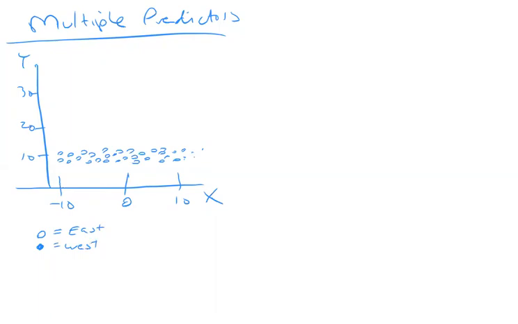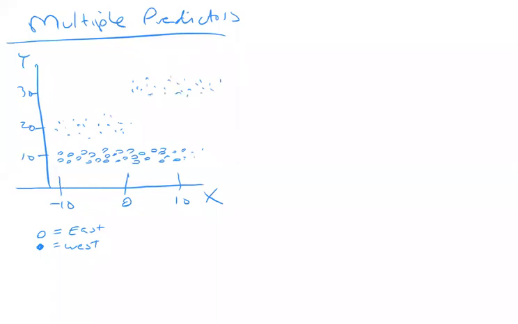So what I've drawn so far is I've said, hey, for people from the east, X doesn't really matter. The Y value is always right around 10. Then I'm going to draw some filled in circles, and I'm going to do it like this. When you're from the west and X is negative, these are supposed to be filled in circles, maybe you get a value right around 20. And when X is positive, if you're from the west, maybe you get a value right around 30.